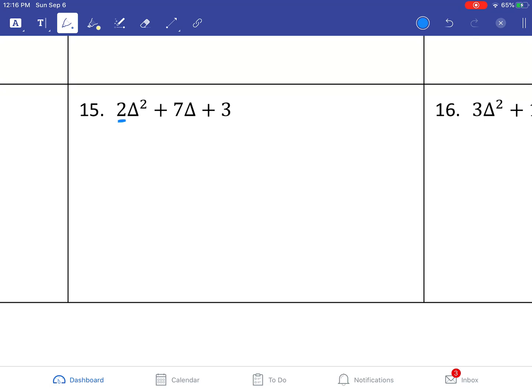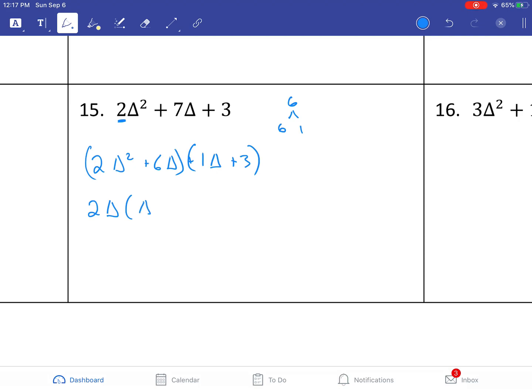All right, I will do factor by grouping. So 2 times 3 is 6. The factors of 6 that add up to be 7 would be 6 times 1. All right. So I'm going to rewrite these as 2 triangle squared plus 6 triangle plus 1 triangle plus 3. Then I'm going to group the first 2 and the last 2. I'm going to take out a 2 and a triangle out of the first set of parentheses.